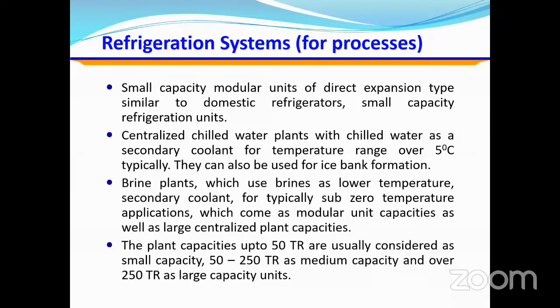There are various types of refrigeration systems or equipment. Refrigerators, called fridges, for domestic purpose. Then window air conditioners, split air conditioners. Then direct expansion system for small office units.